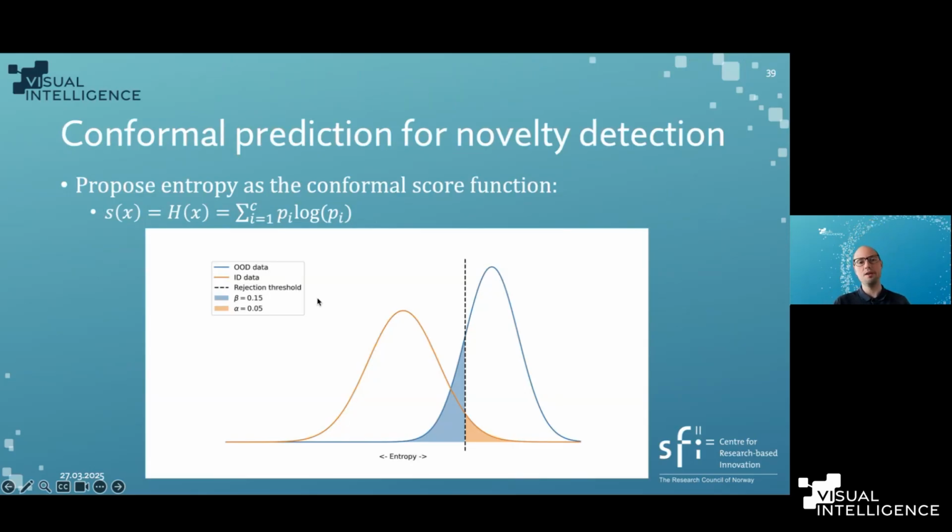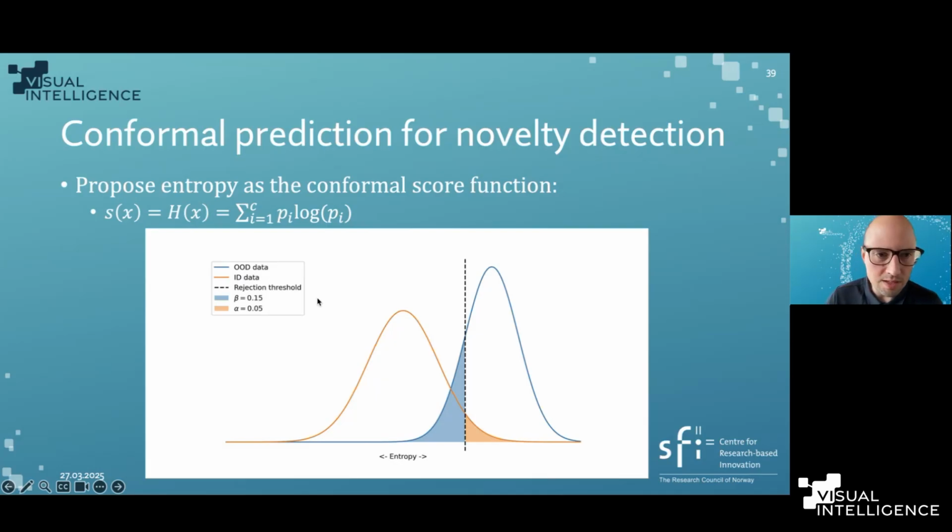We approach this by using the entropy as the conformal score. So when you do a prediction, you get a softmax for all the classes, and then the entropy gives a single number that serves as a measure of uncertainty of the classification.